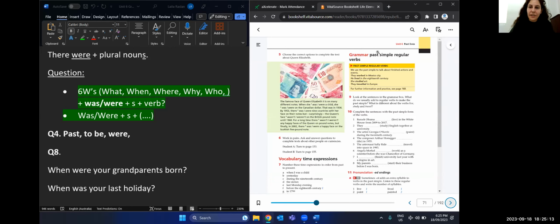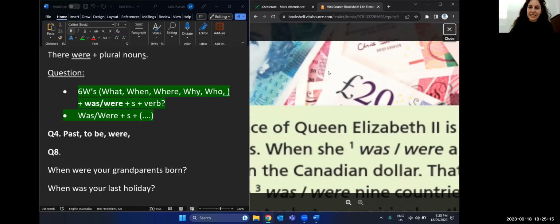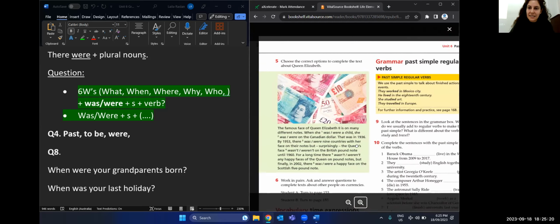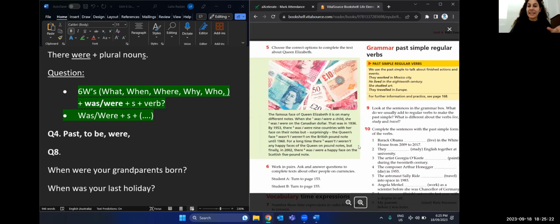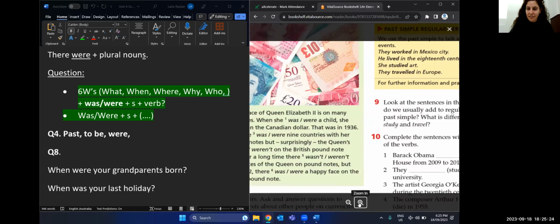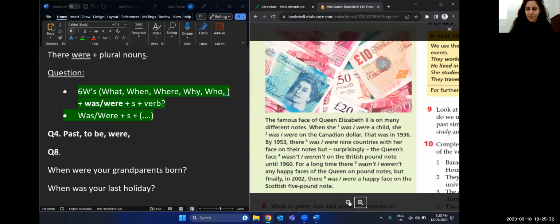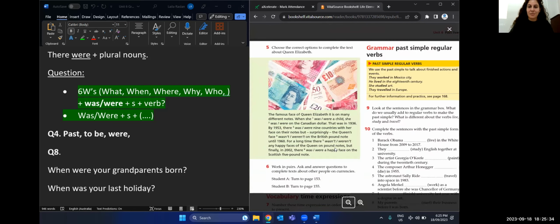So choose the correct options to complete the text about Queen Elizabeth, the Queen of, well, she was the Queen of England. Okay, so I'll give you a moment to read it, and then we'll read it together with the correct answers.